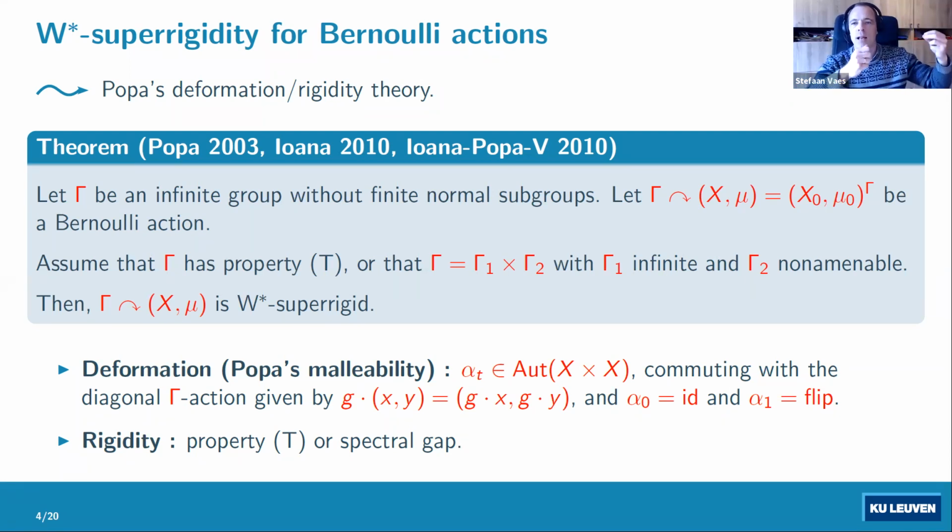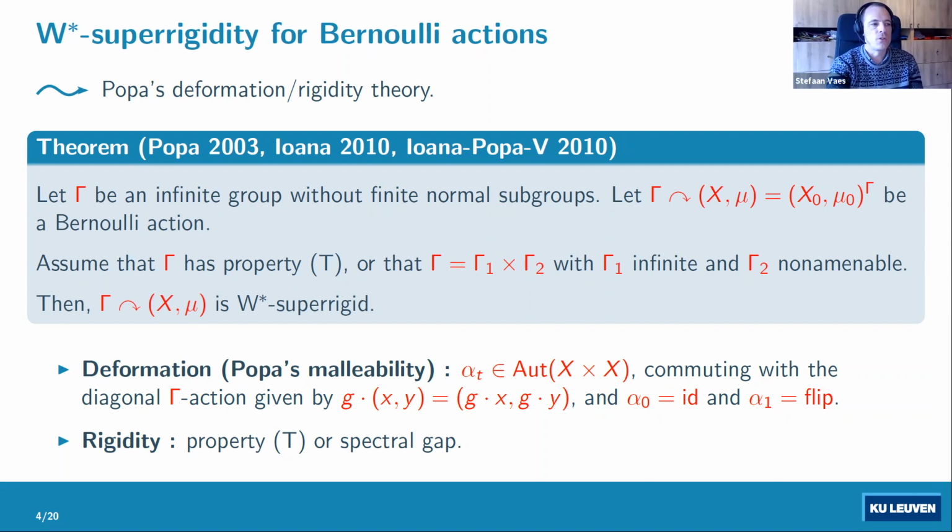So it's really like moving the action to its orthogonal, and that is the first key ingredient that one combines with the rigidity property that comes from either property T or a spectral gap rigidity, and spectral gap will come from this kind of non-amenable groups acting in a Bernoulli setting. Of course, this is extremely vague. I will make this more concrete in a minute.